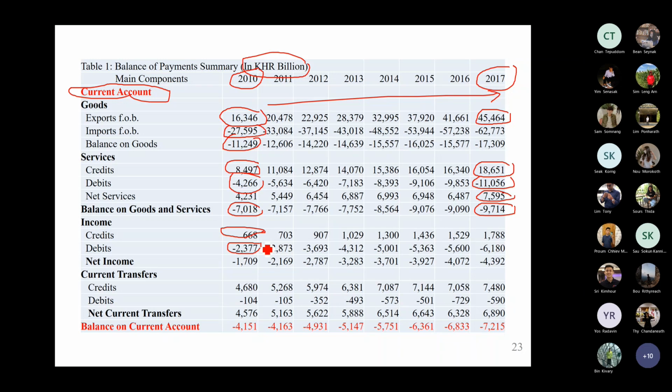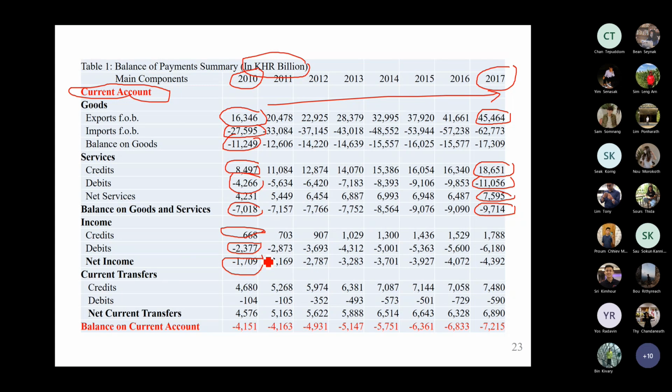So we see that the net income here is minus 1.7 trillion. In other words, we are experiencing more outflow of the primary income to the outside of the country than we receive.